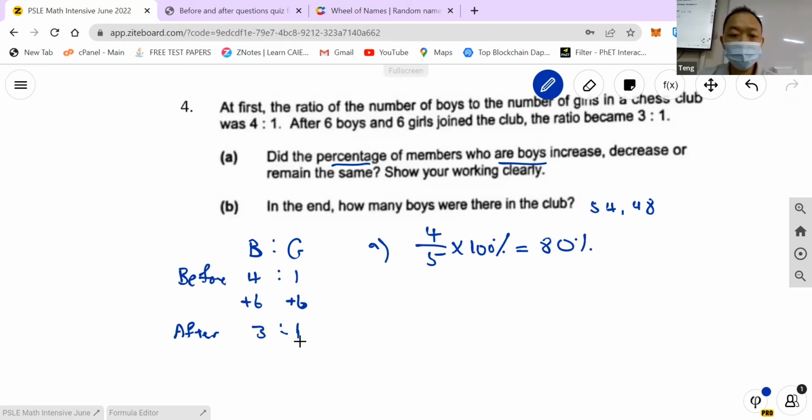Then after that it became 3 out of 4. So 3 out of 4 times 100 is 75%, right? So what happened to the percentage of boys? Increase, decrease, or remain the same? Decrease, 80 to 75. Everyone got it wrong. So the percentage decreased.